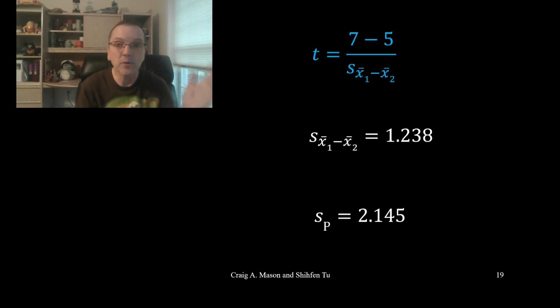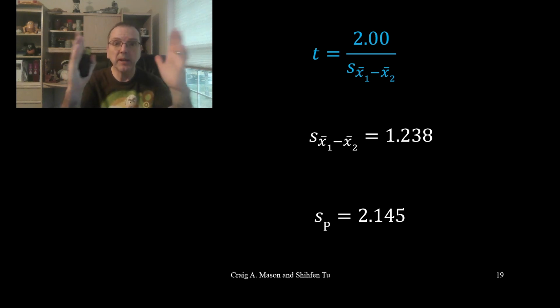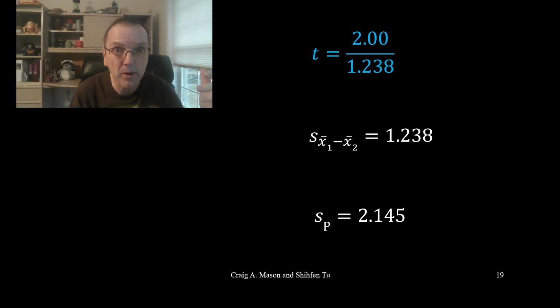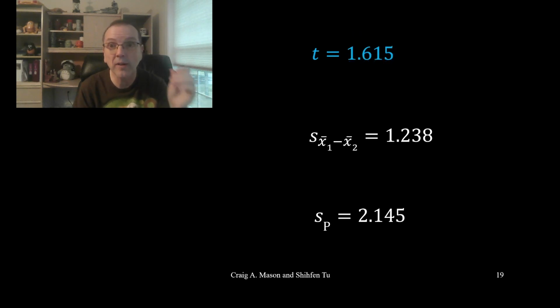That gives us a difference between the two means of 2 in our numerator. That's how big of a difference we saw. Our denominator is the standard error of the difference in means, which we just saw was 1.238. 2 divided by 1.238 gives us a t-score of 1.615.